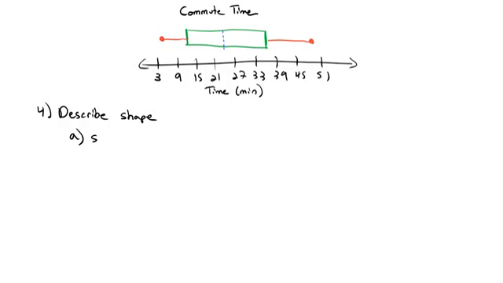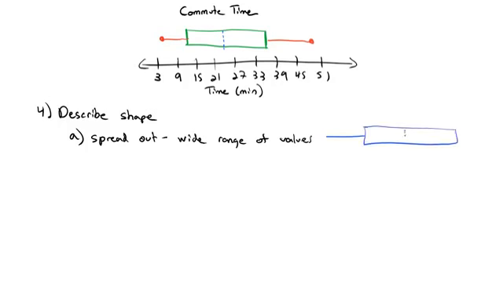One is the idea of being spread out, where we have a wide range of values. This would be a big box plot that covers a large range of values. That means the data is not really close to each other, not close to the median, not really close to anything. It's all spread out.